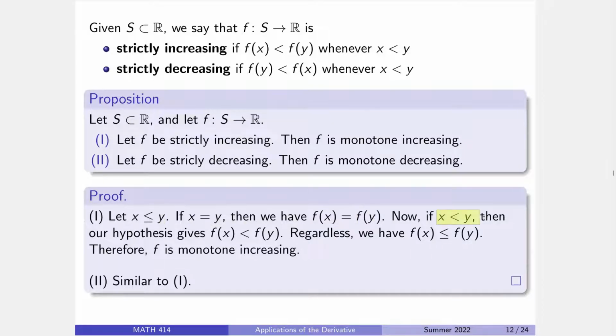If they're strictly less than, by hypothesis, we're strict. So, boom, done. But of course, monotone increasing does not imply strictly increasing. If you're monotone increasing, you could be flatlining, because monotone allows for less than or equal to, but strict does not allow for that. As we learned from calculus, derivative positive means you're increasing, derivative negative means you're decreasing.